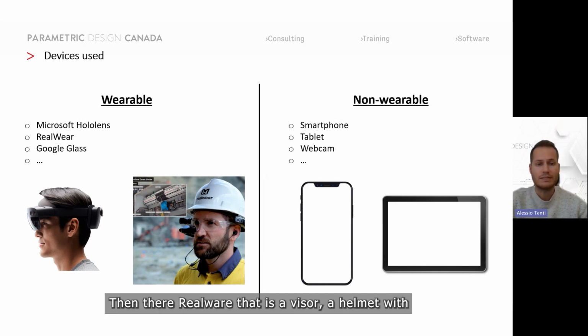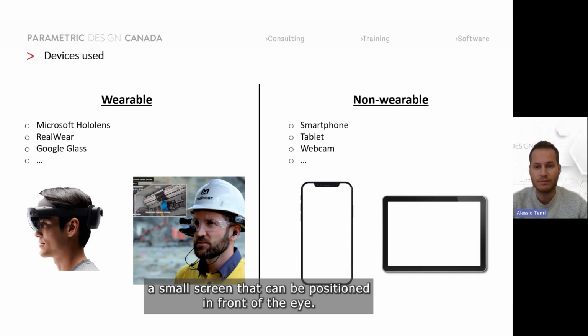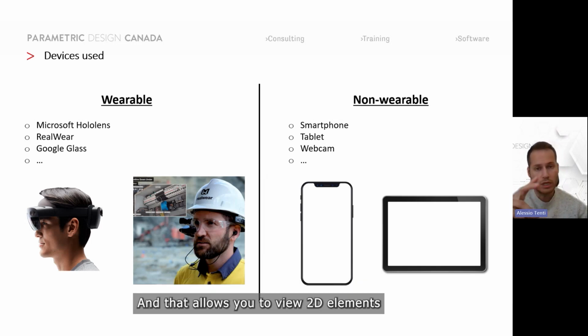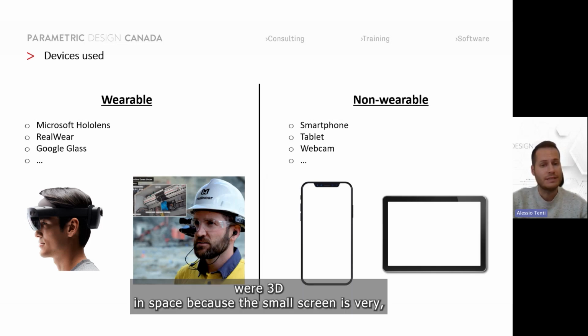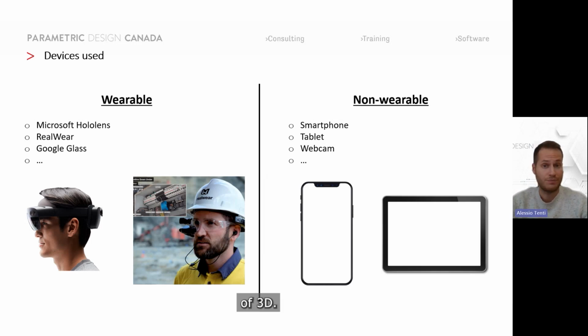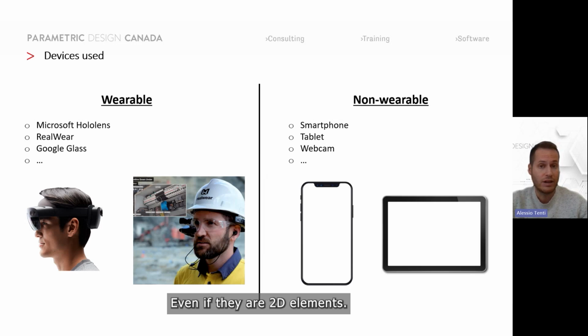Then there is RealWear, a visor helmet with a small screen that can be positioned in front of the eye, and that allows you to view 2D elements as if they were 3D in space, because the small screen is very close to the eye, and so gives the illusion of 3D, even if they are 2D elements.